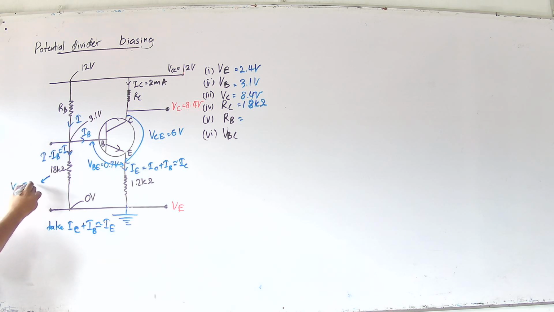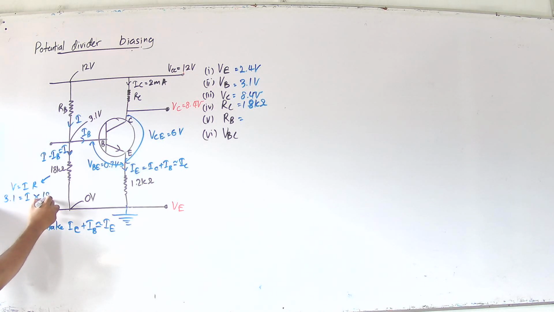V equals IR. So potential difference means 3.1. I into R means 18 kilo ohm, 10 to the power 3. So I equals 3.1 over 18 into 10 to the power 3, so 0.17 milliamperes. Regarding this, IB is not considerable because this is microampere range, right?